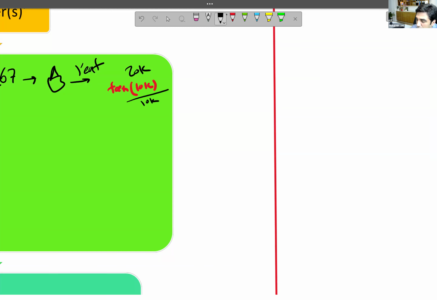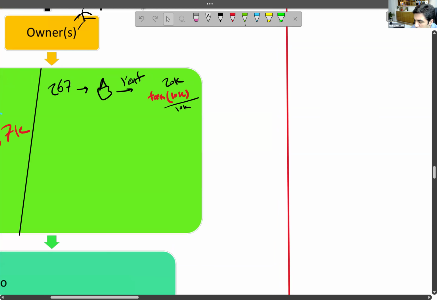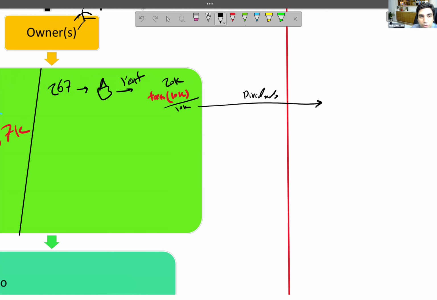$10,000. Now he has to use this money, follow this black line here, and pay himself dividend on the personal side. Now, on the personal side, he has $10,000 dividend. Is it clear? Now he has to pay personal tax on it.